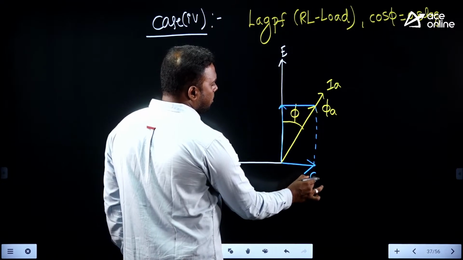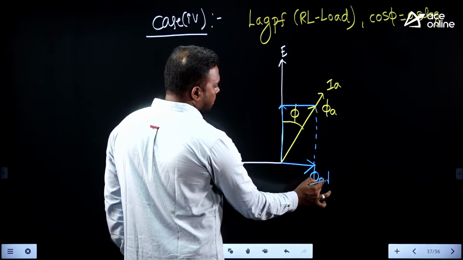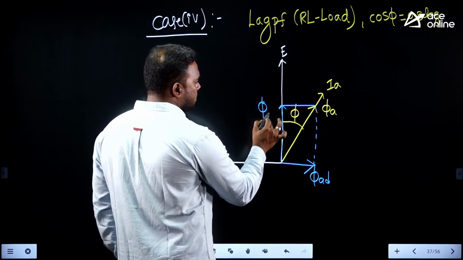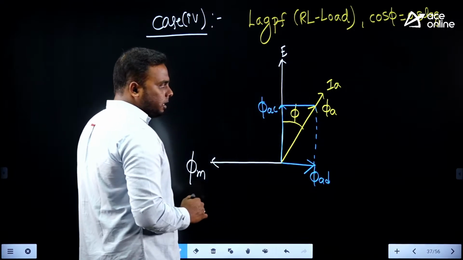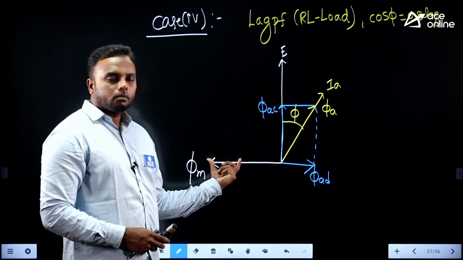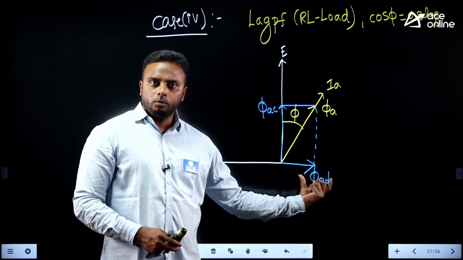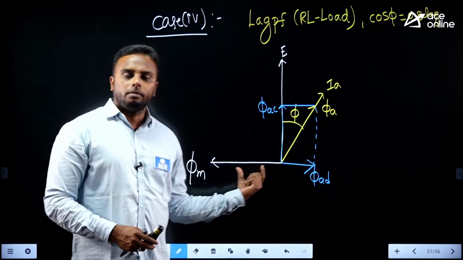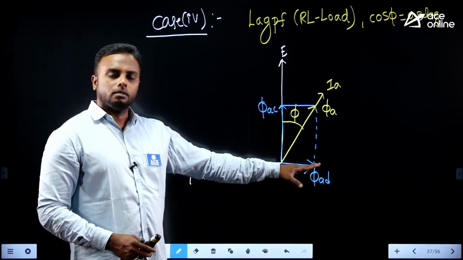This we call phi A-D and this we treat as phi A-C. C is cross magnetizing because it is 90 degrees with respect to the main flux, and this is the demagnetizing component because it is opposite to the main flux, 180 degrees out of phase.